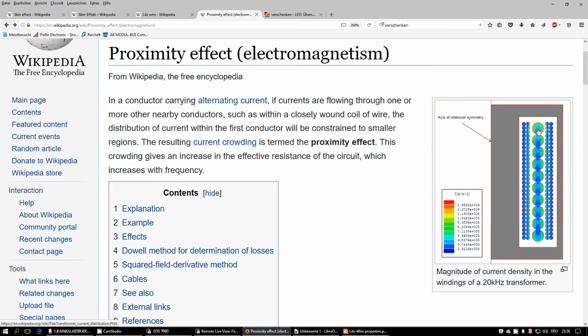And there the magnetic fields that are generated inside each turn influence each other, and you can imagine it as that they are pushing, one magnetic field pushes the magnetic field from the nearby wire further outside, and this kind of still amplifies the SkinEffect. So the current not only flows on a thin sheet or layer on the outside, it only flows on a small part of the layer.